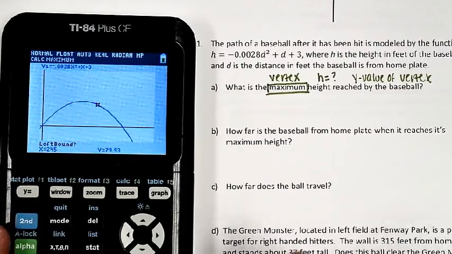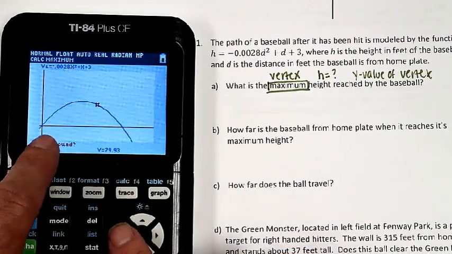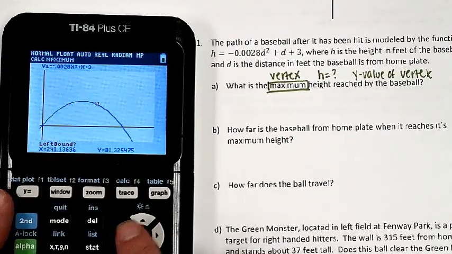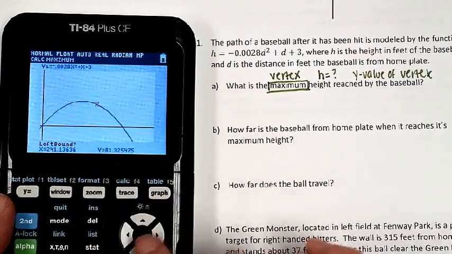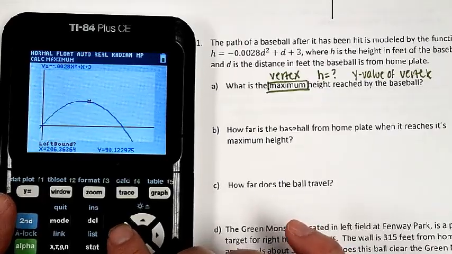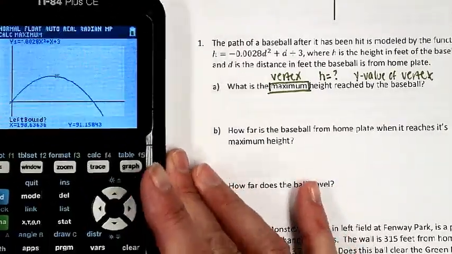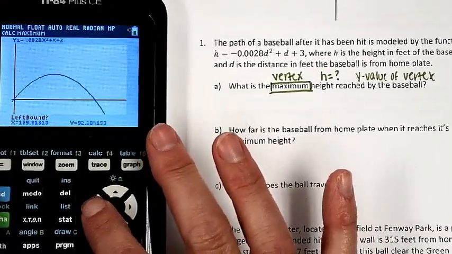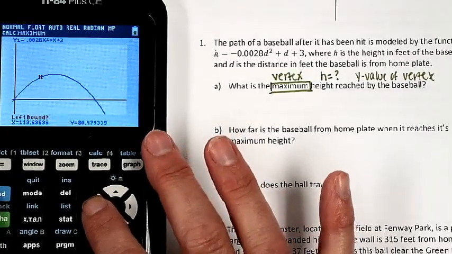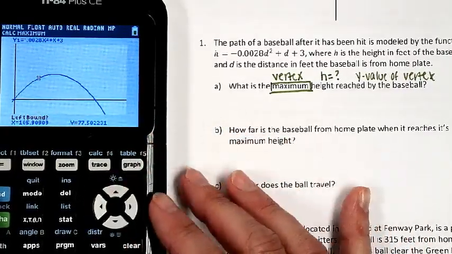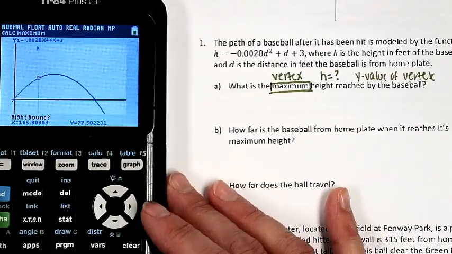Now it says left bound, so with the little spider thing, you have to use your arrows, and I need to be somewhere to the left of the vertex. It doesn't matter where. Once you get to the left, you hit enter, and then it's going to say right bound.